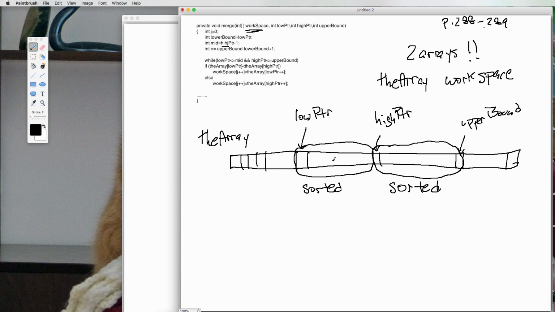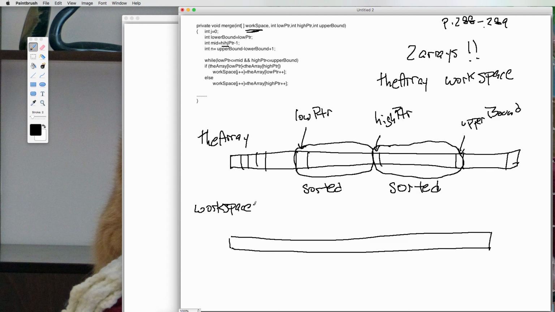So what we have to do is merge these two. And what he's doing is he's merging them in an array that's called workspace. And this is a big array that goes all the way up from 0 up to some big number like that.